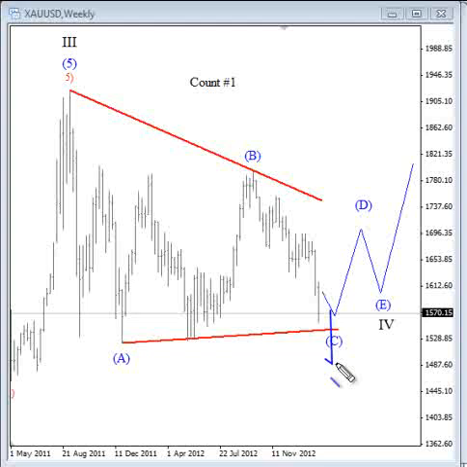In such a case, this would not be a triangle because we would not be able to count 5 legs here in wave 4. However, in such a case I have a different wave count prepared for wave 4.